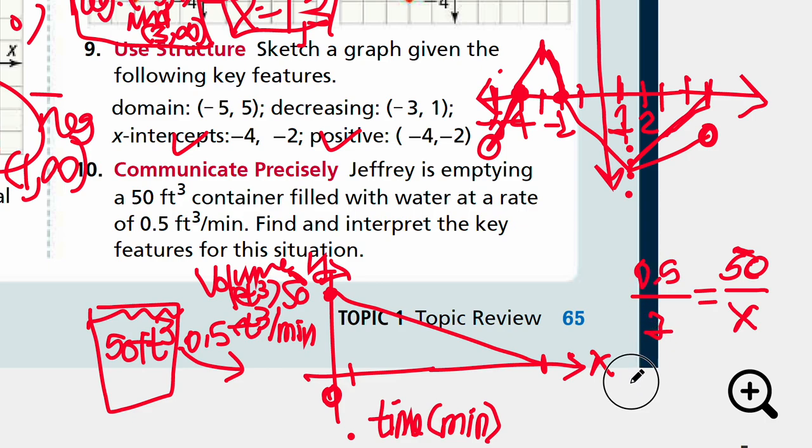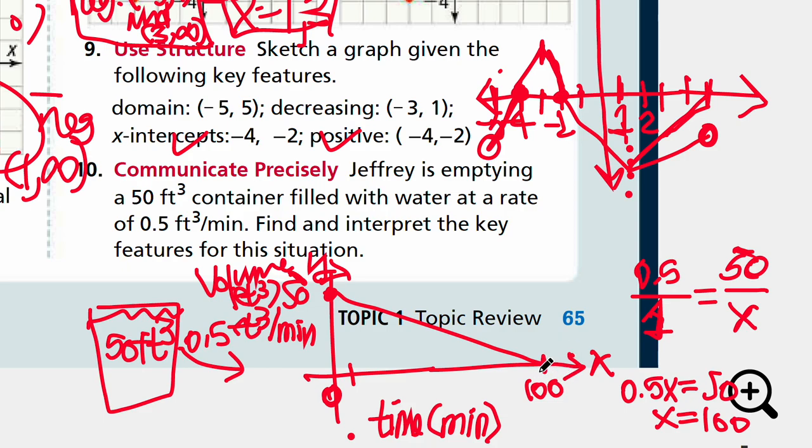In equation, you would get something like 0.5x is equal to 50. This is 1, okay? And then if you figure x out, it's just 50 times 2, right? So x is 100. So that means your graph is going to have an x-intercept at x is equal to 100. So (100, 0).